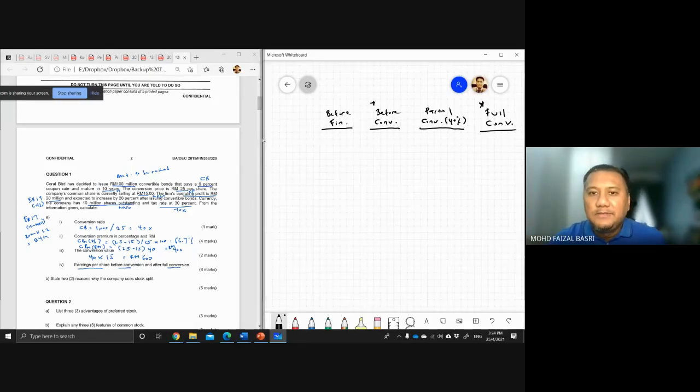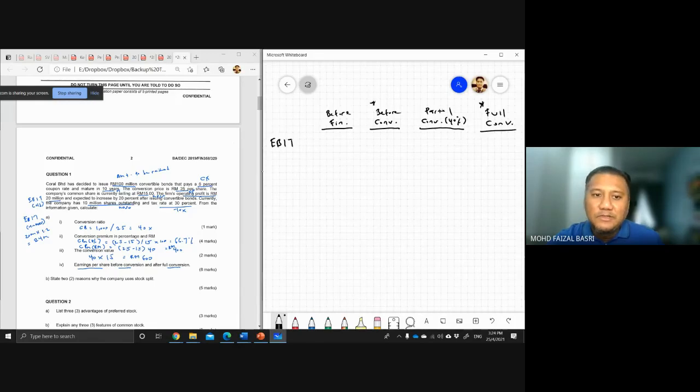Okay, in terms of the items, remember, we always start with earnings before interest and taxes. That's why we have the operating profit here in the question. And if you recall, based on the notes tadi, for before financing kita akan gunakan the old one, but the rest we're going to use the new one ataupun the estimated one.